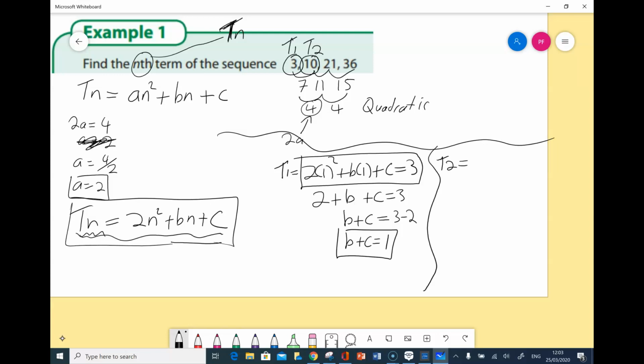T2 is equal to 2 times 2 squared, plus b times 2 plus c, and that must be equal to the second term, 10. 2 squared is 4, multiplied by 2 is 8. b times 2 is 2b, plus c equals 10. I'll bring the 8 over, so 2b plus c is equal to 10 minus 8. So 2b plus c is equal to 2.